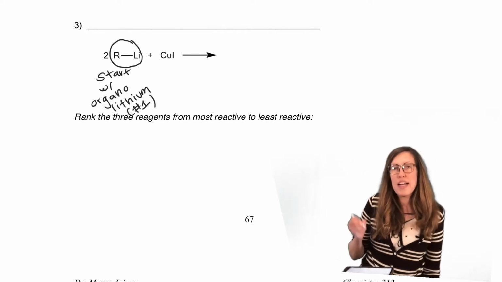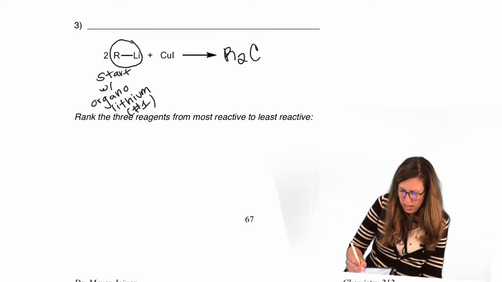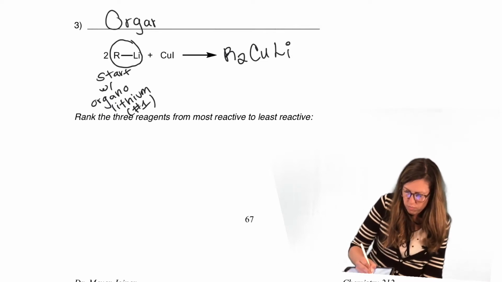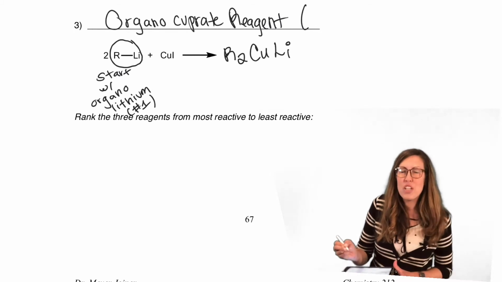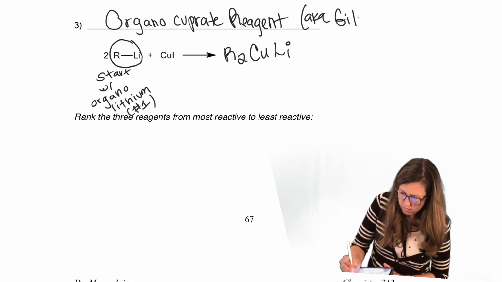And we're going to add copper iodide to insert the copper and get organocuprate. This is called an organocuprate reagent. It has a name, of course, a lot of them do. It's also known as the Gilman reagent.